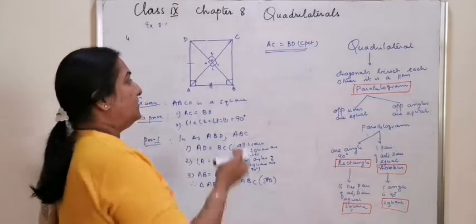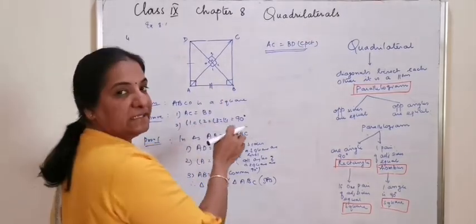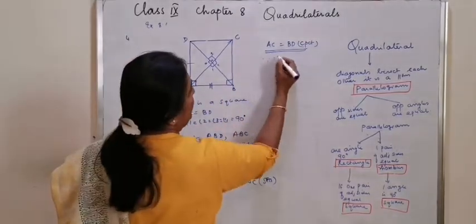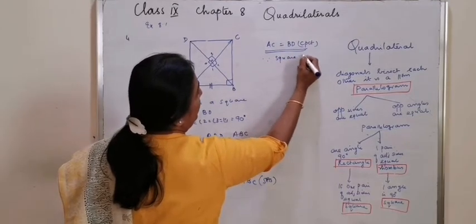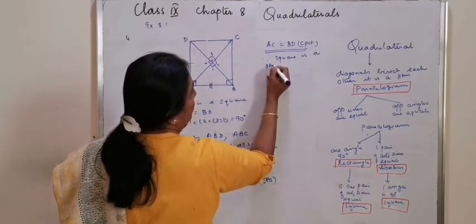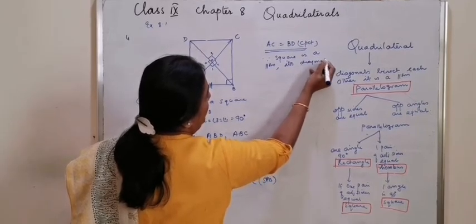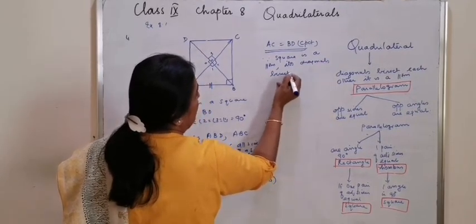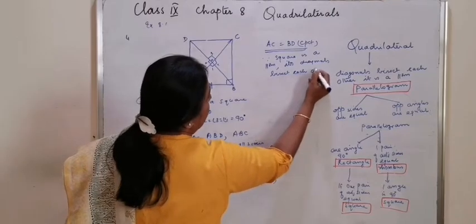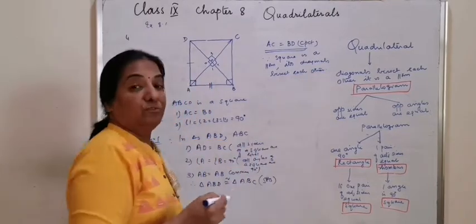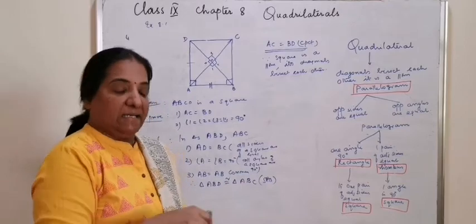Now we have to prove that the diagonals bisect at 90 degrees. As a square is a parallelogram, its diagonals bisect each other. Now we have to prove the angles are 90 degrees.